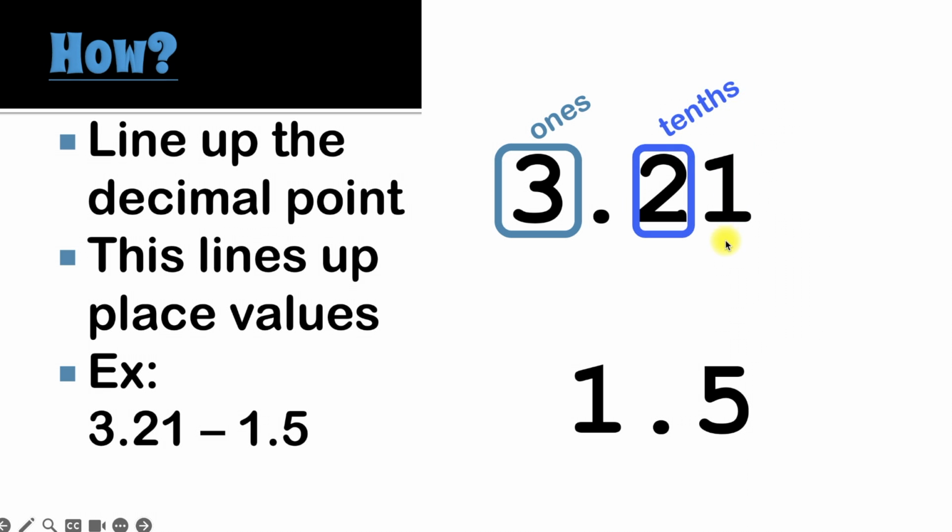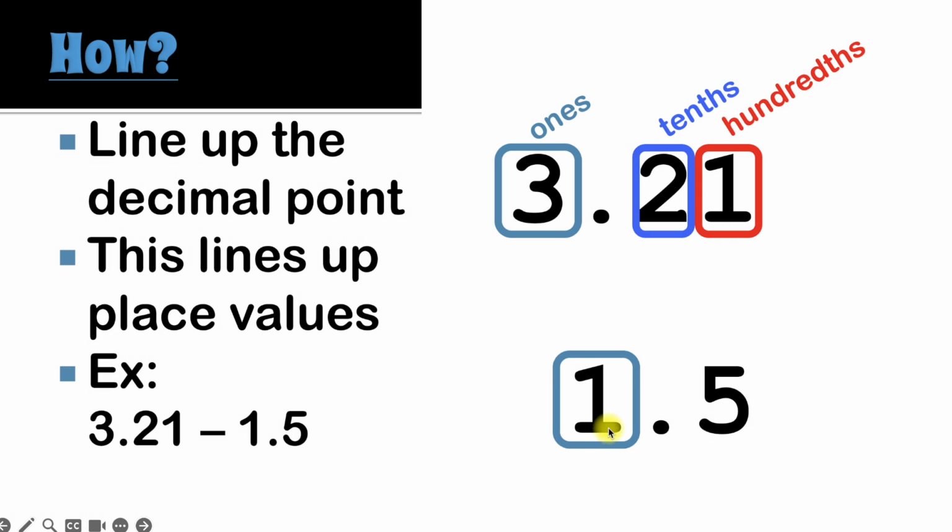And finally, we have the number 1, and that is in the hundredths place. In the number 1.5, properly read as 1 and 5/10, we have the 1, which is in the ones place. And we have the number 5, which is in the tenths place.